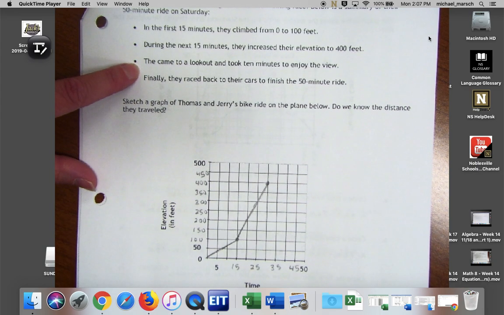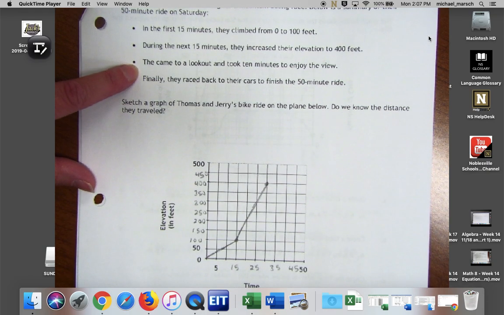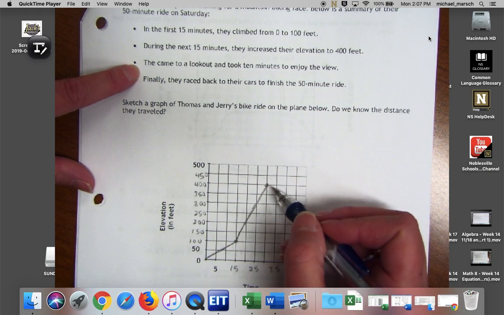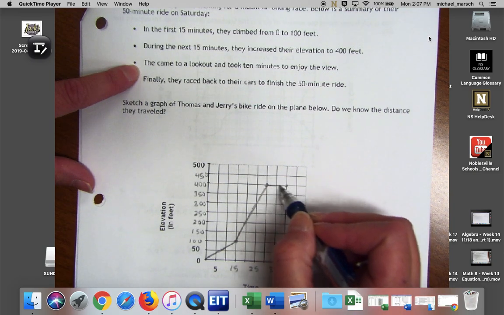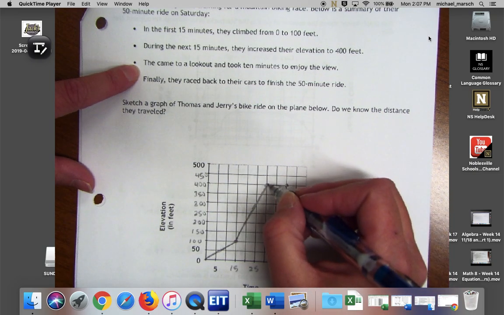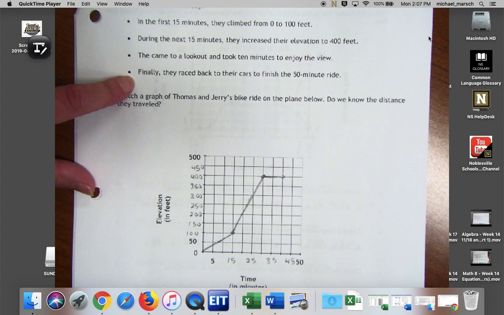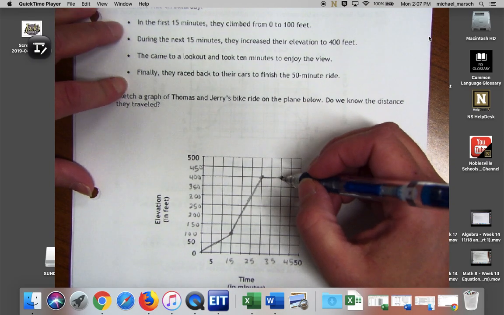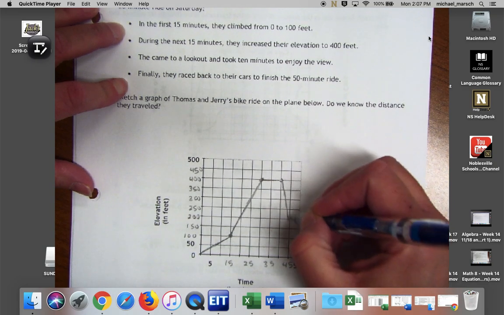They came to a lookout and took 10 minutes to enjoy the view, right? So I'm going to go over 10 minutes to 40. They're not increasing their elevation, they're just staying put. They raced back to their cars to finish the 50-minute ride. So then we can finish down this way, kind of like going back home.